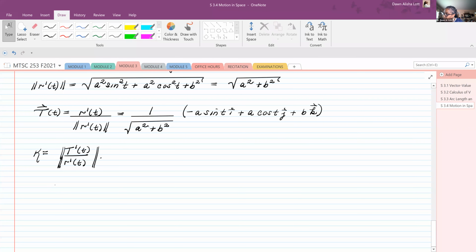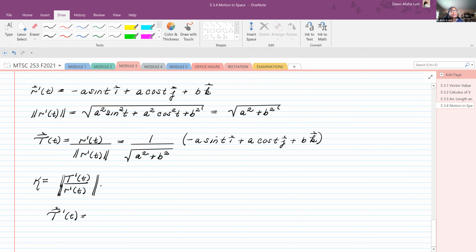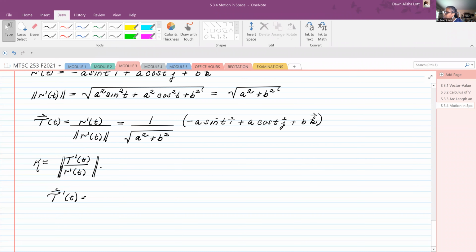T prime of t is 1 over the square root of a squared plus b squared, and then I have to take the derivative of what I have.